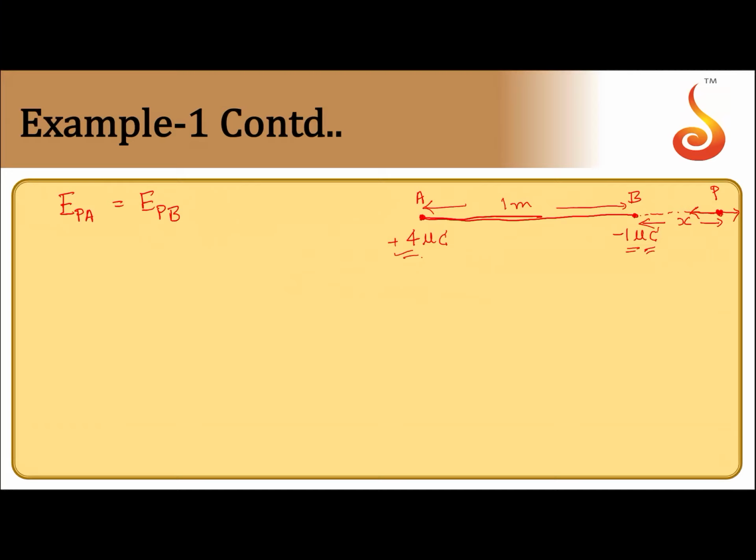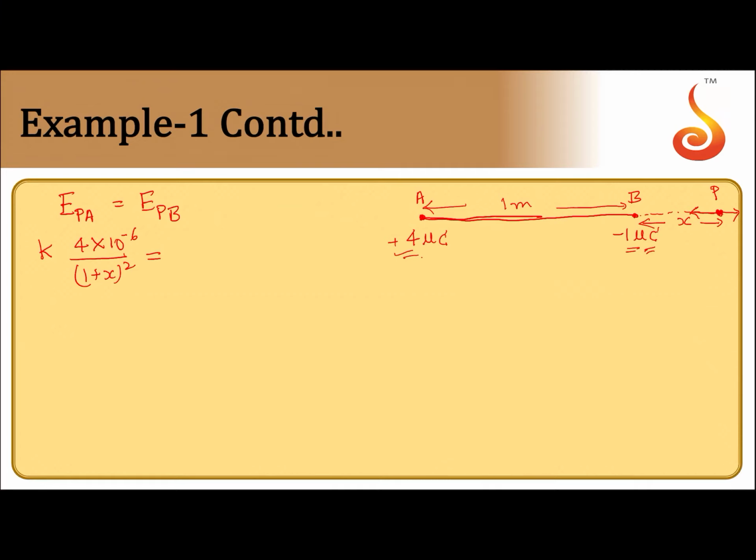Now field at P due to charge at A should be K into Q, which is 4 microcoulomb, 4 into 10 to the power minus 6, divided by the distance, which is 1 meter plus x. So it should be 1 plus x whole square. We know that field is KQ by R square.